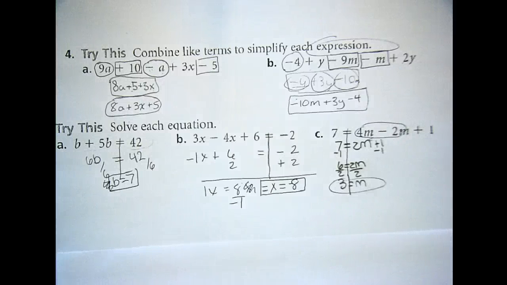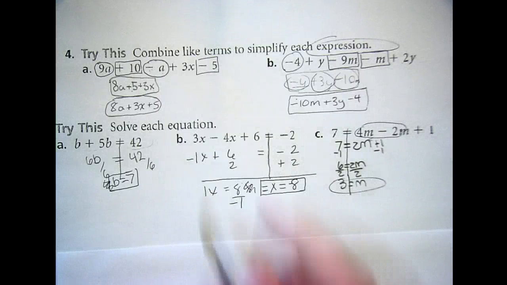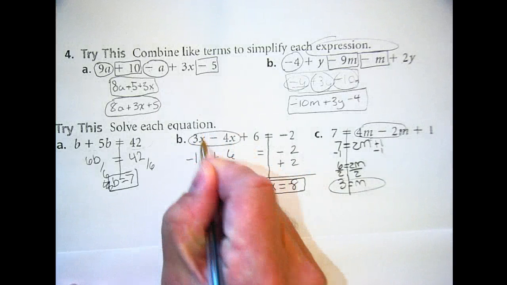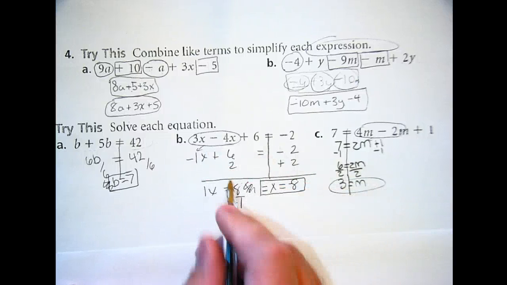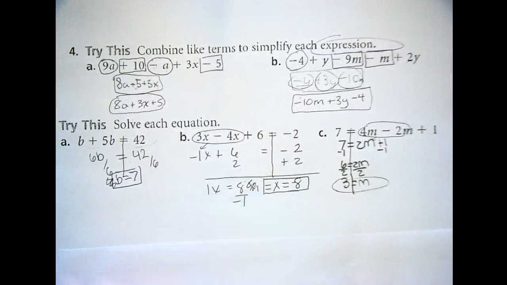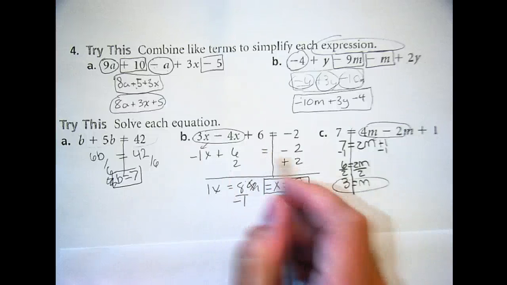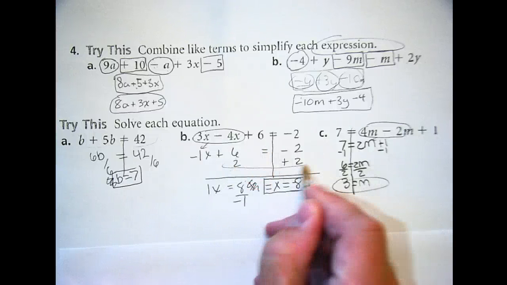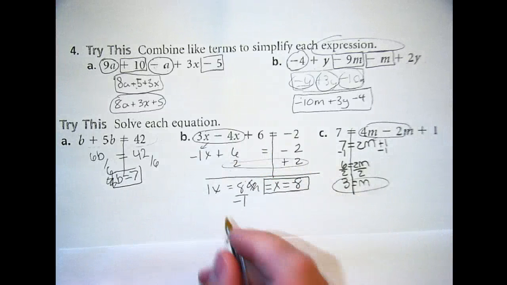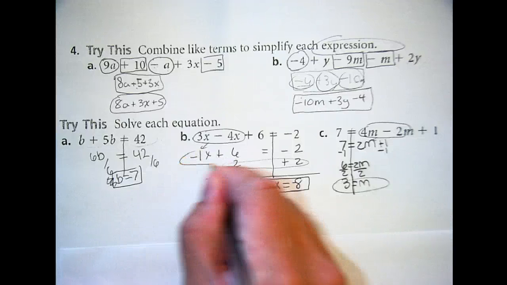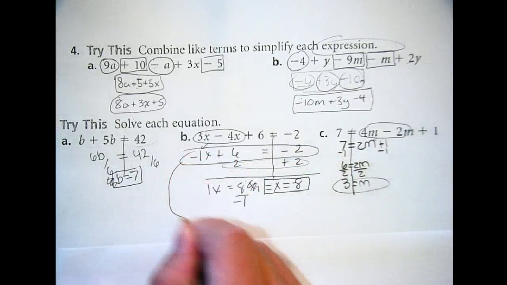Thank you, Chelsea. All right. Now Chelsea putting together the 3x minus 4x to give us negative x plus 6. Okay, and we want to move everything away from the x. So rather than moving the 2 here, let me take this line right here and bring it down here.